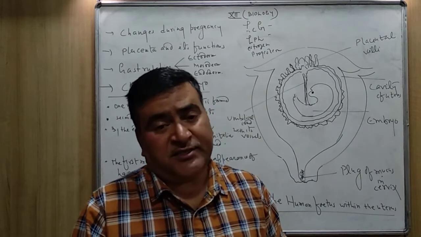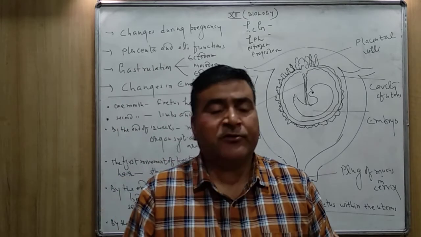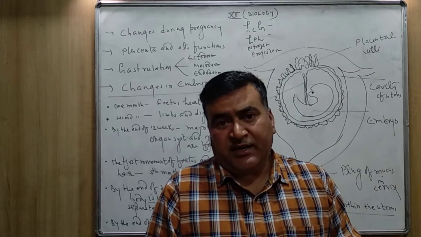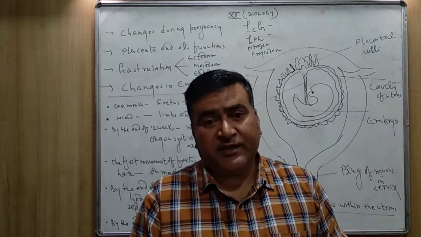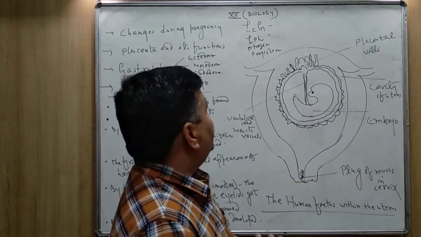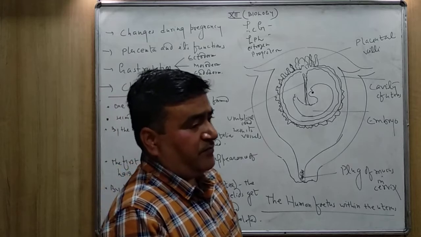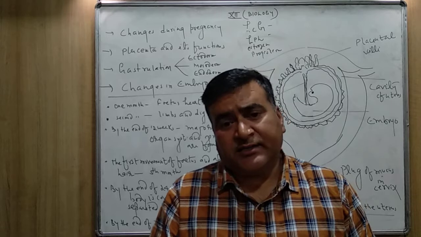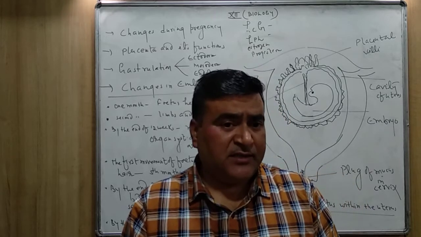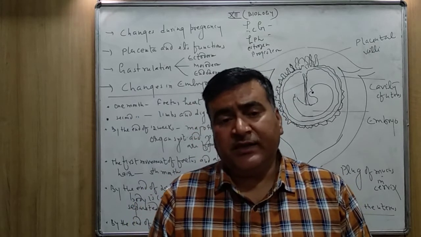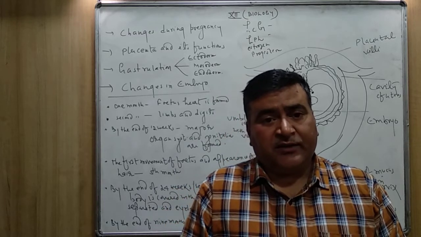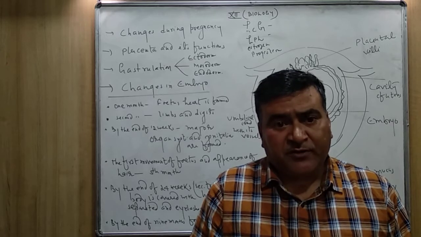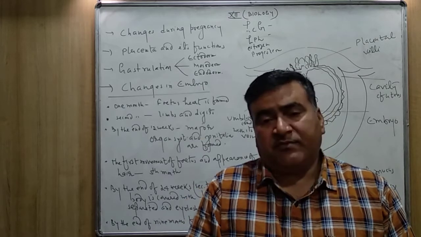The gastrula is the stage of an embryo in which all 3 germ layers are formed, and these germ layers are ectoderm, mesoderm and endoderm. Whatsoever organ systems or body parts are formed inside the fetus, all are produced by these 3 germ layers.